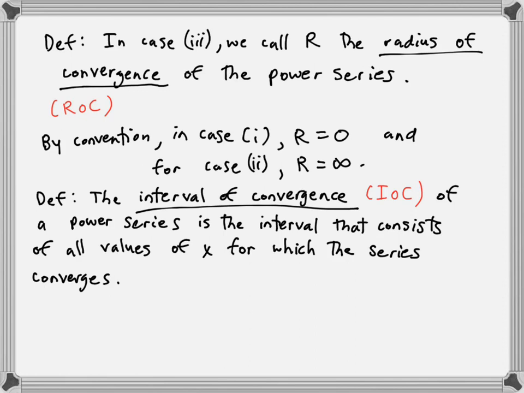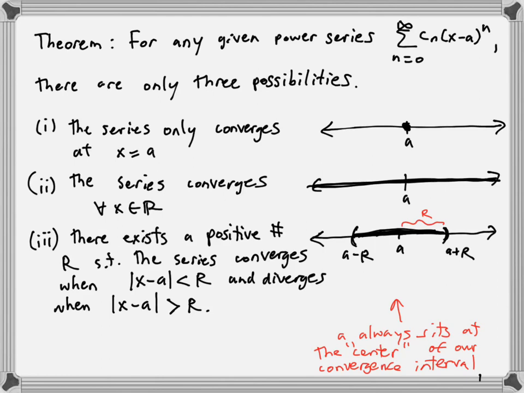So, okay. Let's think about case 1, okay? Now that we have the IOC here, I want to write down the different possibilities, okay? So in case 1, remember case 1 is for the radius of convergence to be 0. And so what would the IOC be? Well, there is no interval if the radius is 0, right? Think about it. This means that we only converge at A. So we don't really get an interval.